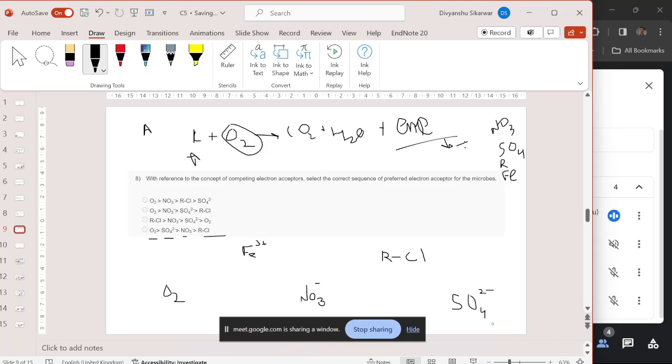So which will be consumed first is decided based on how much energy is released if we use oxygen, nitrate or sulfate. Which one is used first is based on which reaction gives more energy.